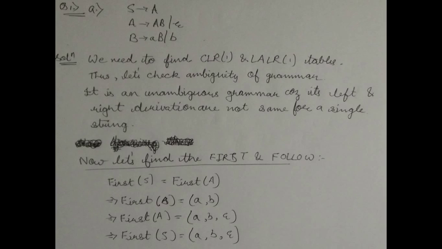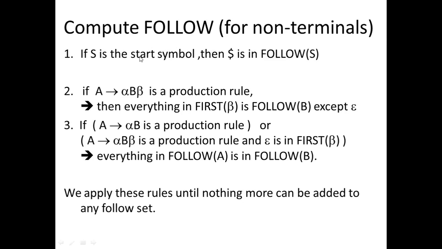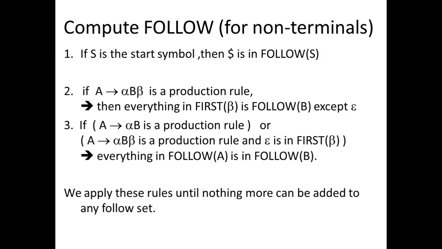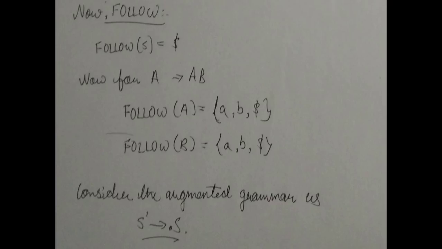For calculating the first and follow, we use the same algorithm as shown on the screen. Using the first rule we get follow of S is equal to dollar, as we did in the previous example.